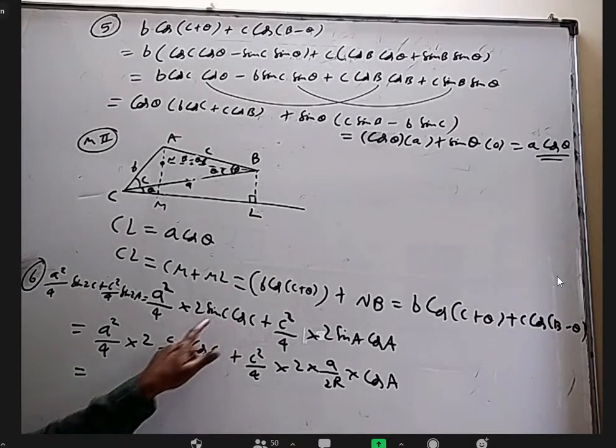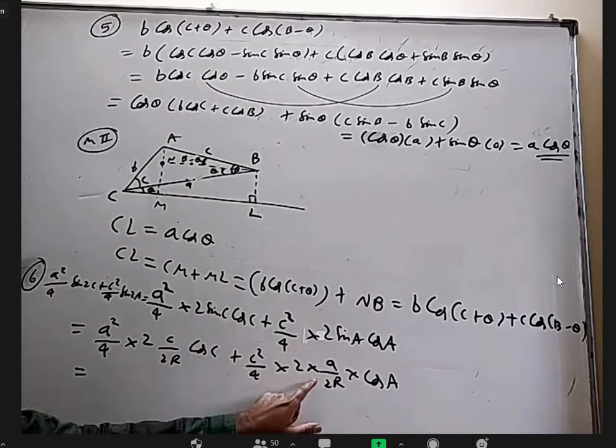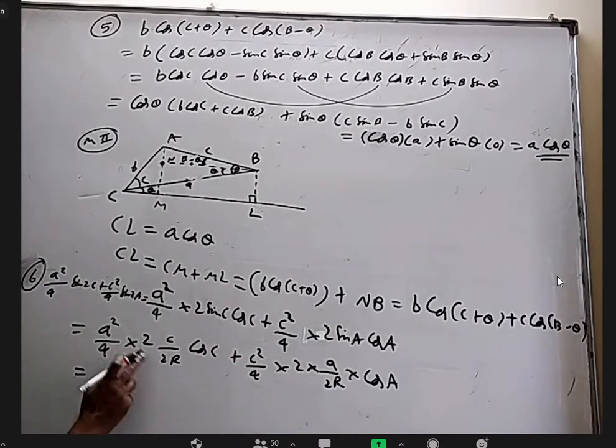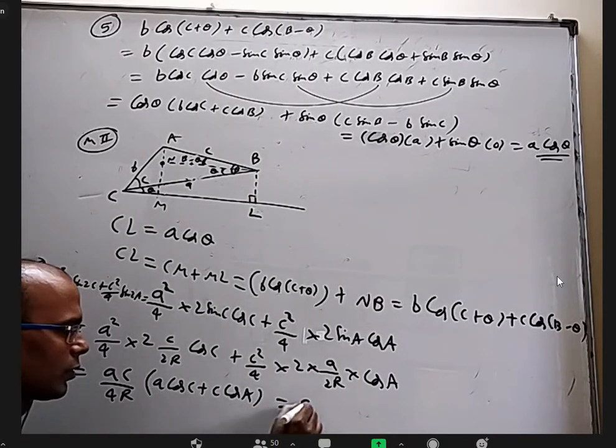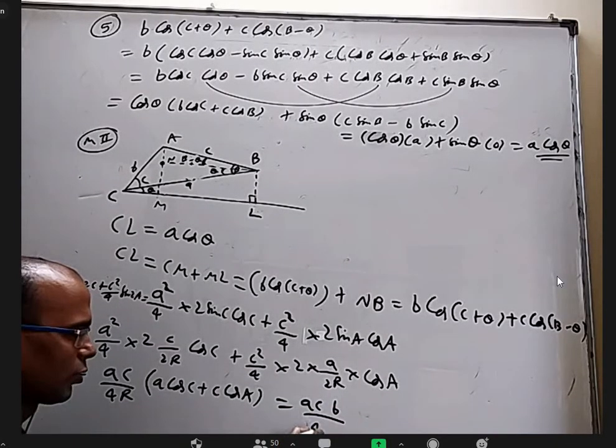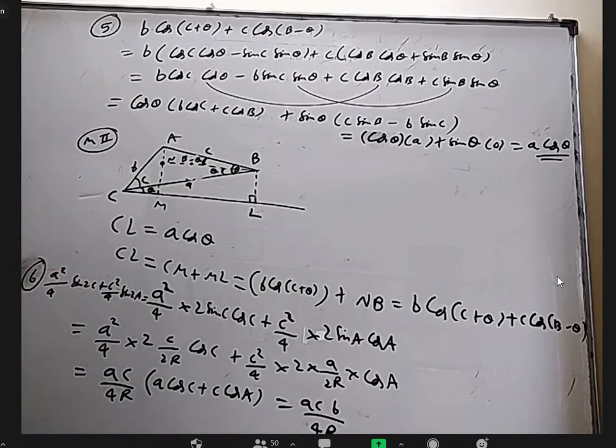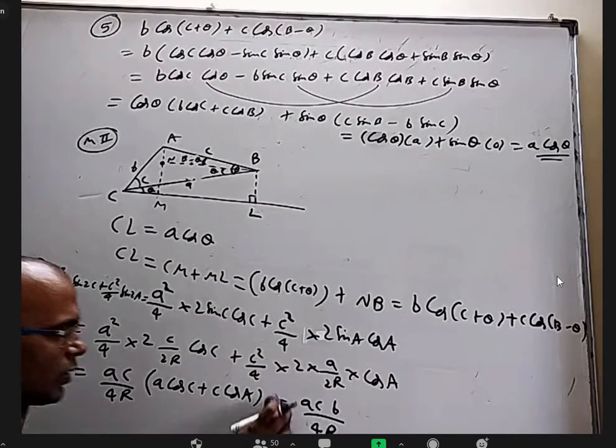Cos a I am not changing, sine c I am writing c by 2R, sine a I am writing a by 2R. 2 will cancel, 4R will come common, ac will come common. So I will get ac by 4R common. There will be one extra a cos c, and one extra c cos a. What is a cos c plus c cos a according to projection rule b? So you will get acb by 4R. abc by 4R is one of the formulas for delta.